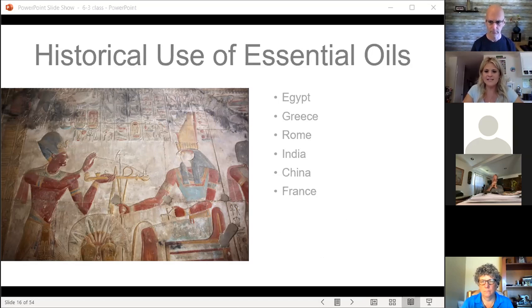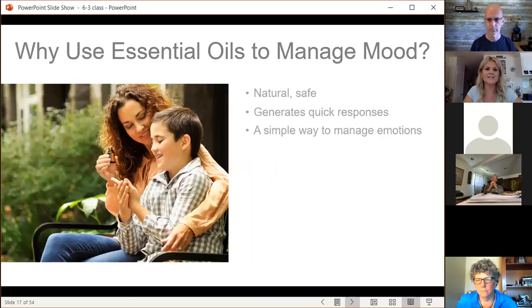And some of the things that essential oils can do for us now is help manage our mood. When you cut open a lemon and you smell that fresh citrus, you're going to have a response to that really quickly. So a lot of this might be like, holy moly, there's a lot more to essential oils than I thought, but do I really have to use essential oils in my normal, everyday life?